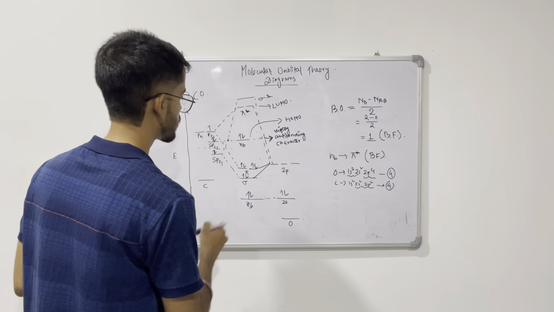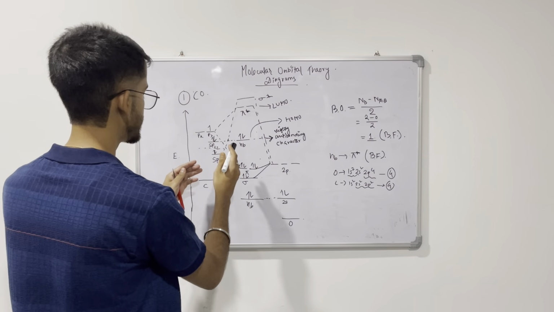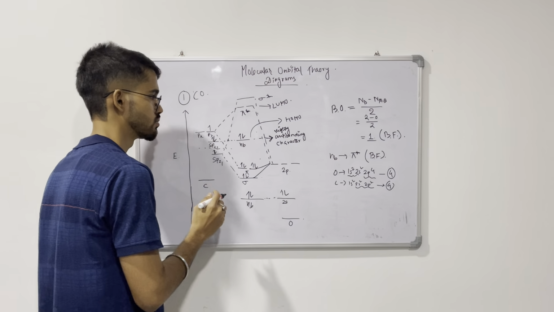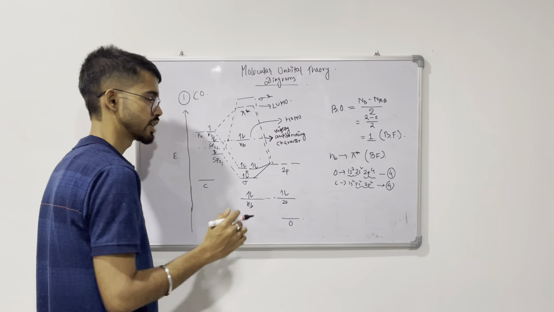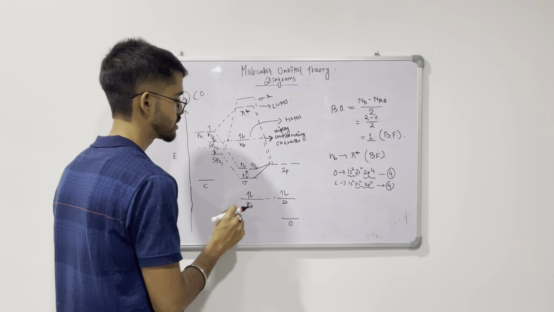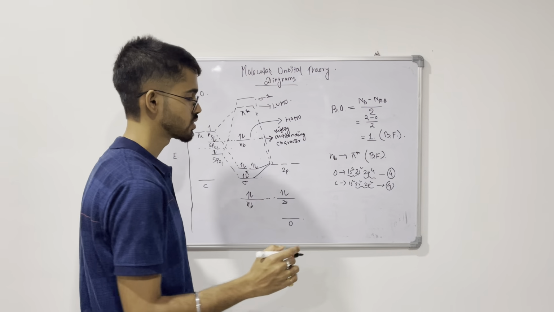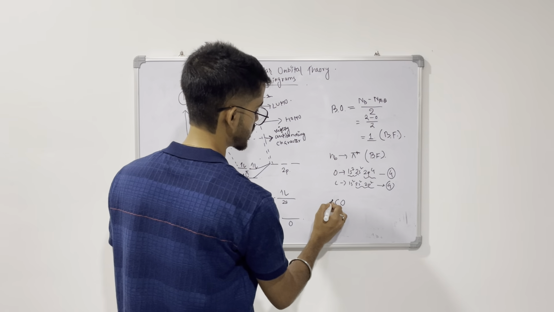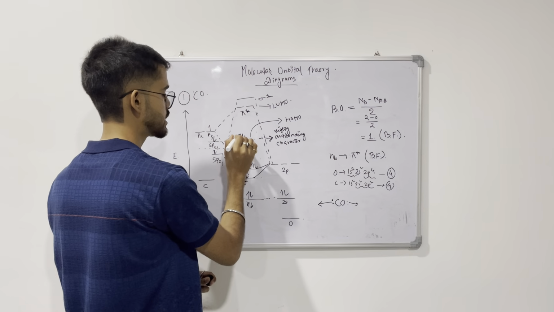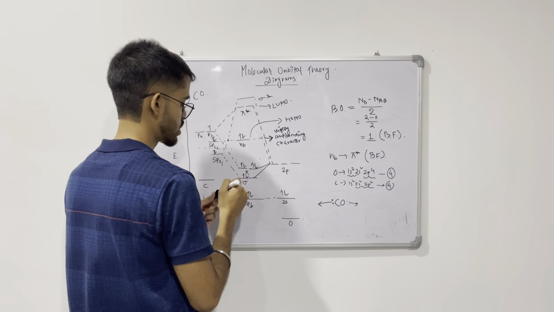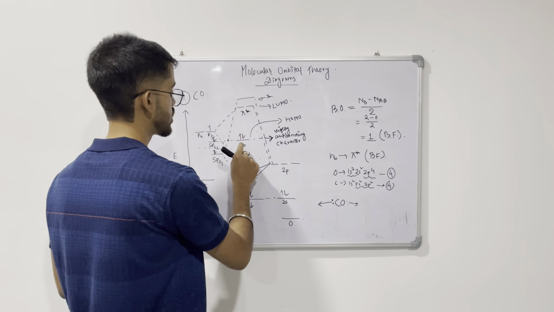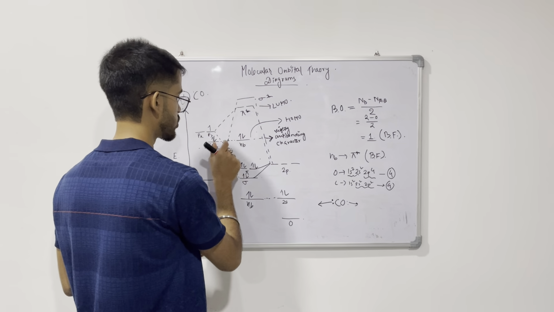As these frontier molecular orbital electrons are mainly on the carbon side, in the case of transition elements, coordination compounds, or organometallics, where carbon monoxide is a ligand, we have seen that the electron gets donated from the carbon side, not from the oxygen lone pair. Why? Because the orbitals available for donation in carbon monoxide are more towards carbon.